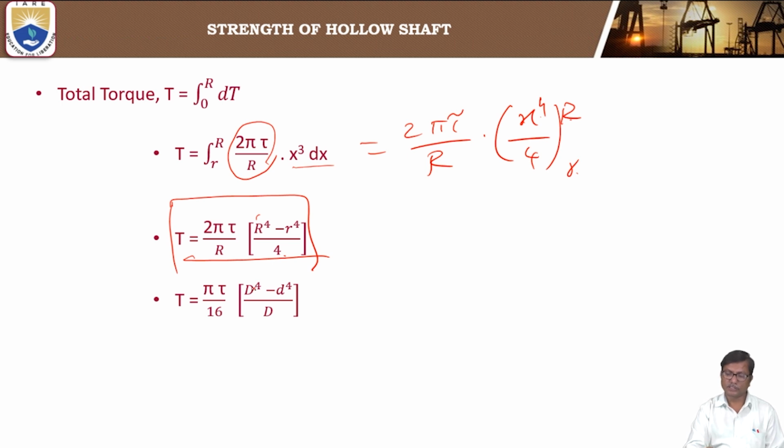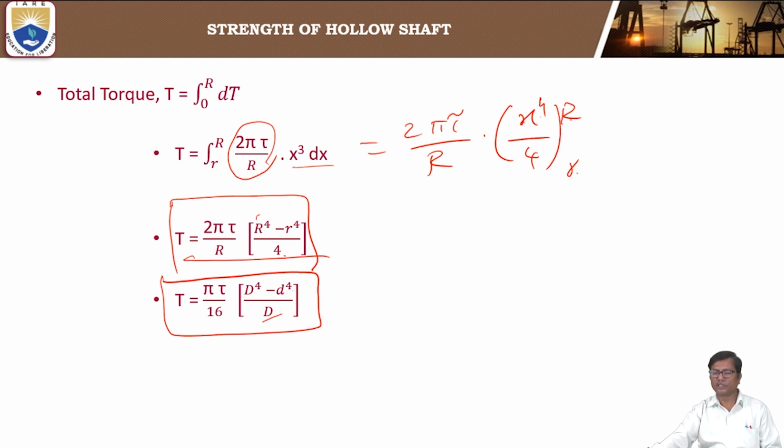I can replace radius by diameter, capital D and small d. In that case, it will be pi tau by 16 into capital D power 4 minus small d power 4, divided by capital D. This is also what we use for the total twisting moment, the total torque acting on the shaft.